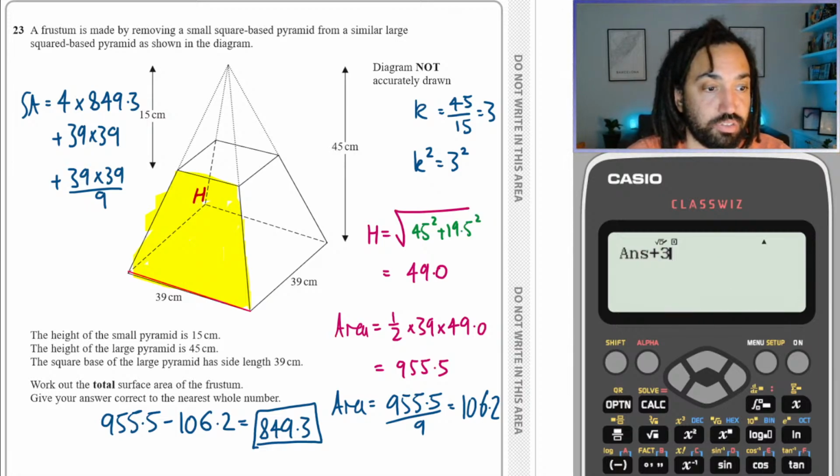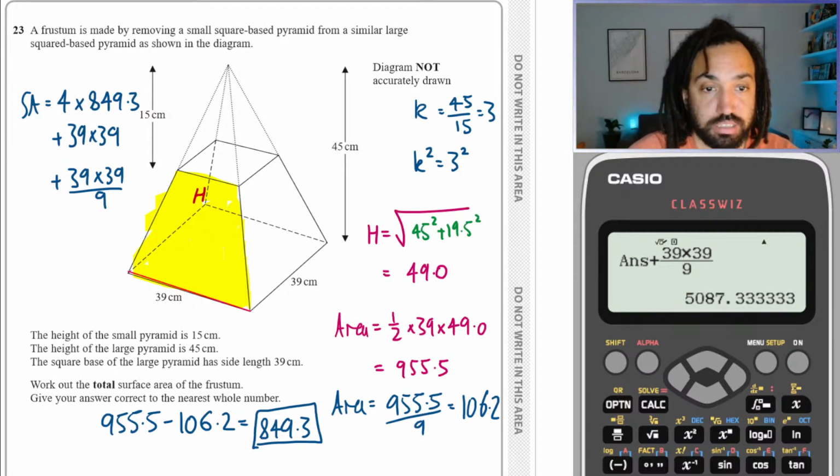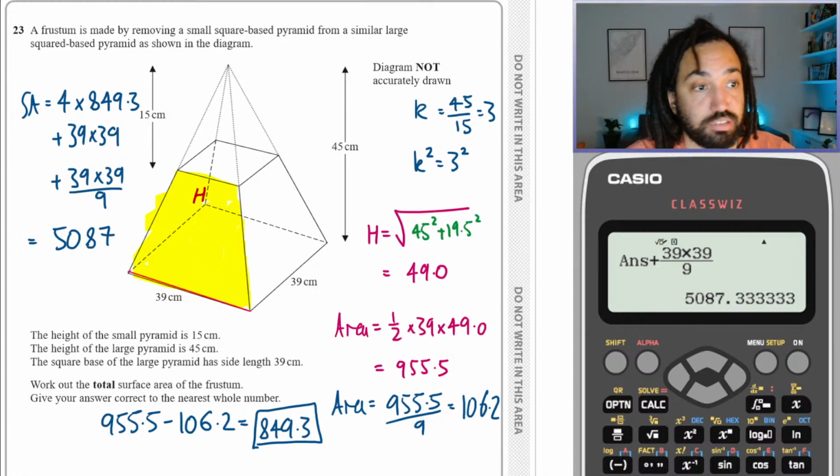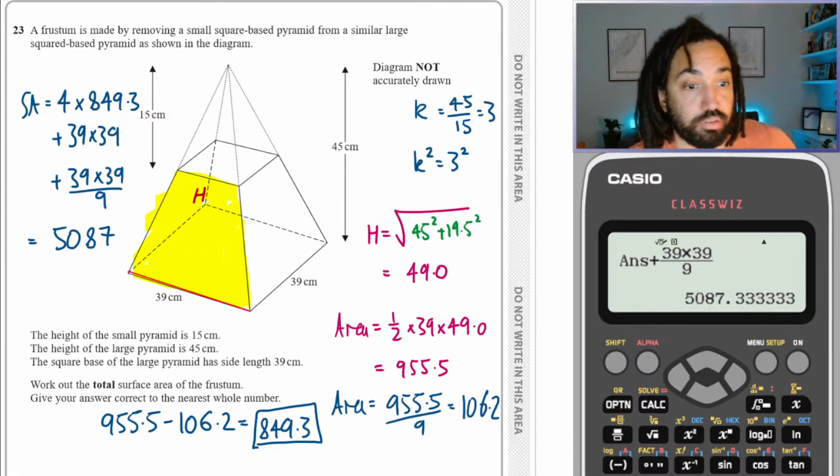I'm going to add on 39 times 39 because that is going to be the base of the large cone. And I'm going to add on 39 times 39 divided by 9 for the smaller one. Okay, great. So I get an answer of 5087. And it says correct to the nearest number. So I'm pretty good with that.